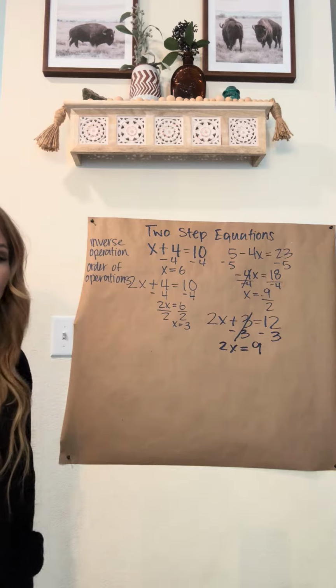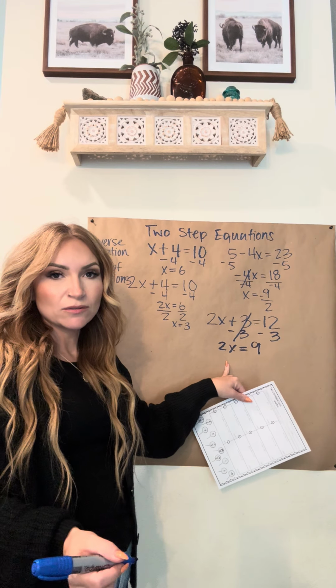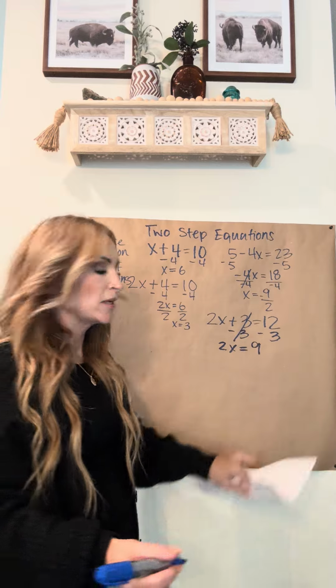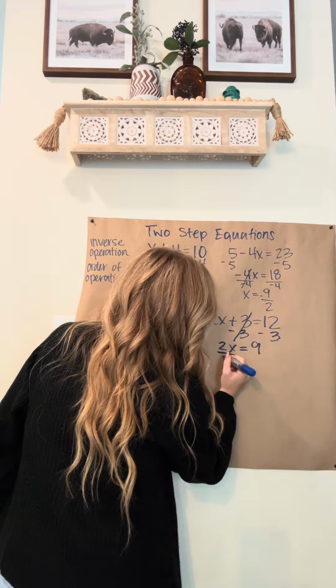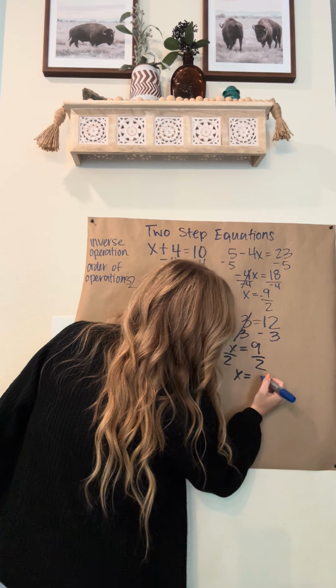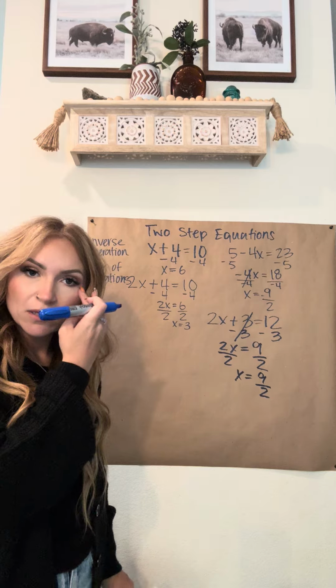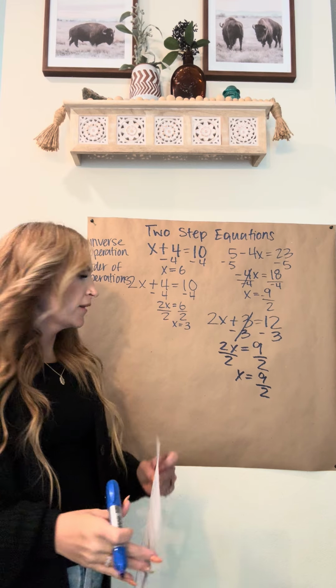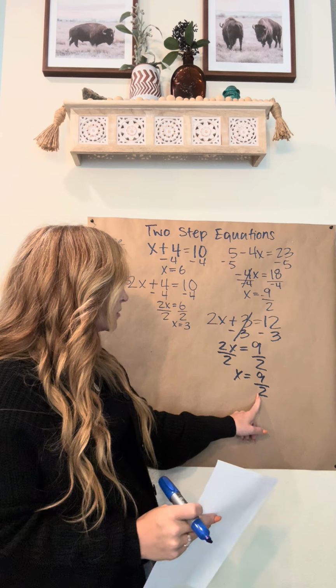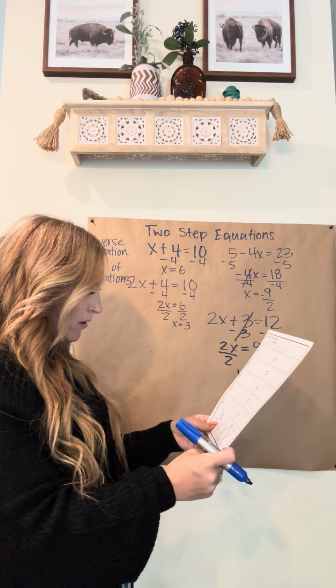Okay, now we have to get this x by itself. So what are we gonna do? We're gonna divide by 2 on both sides, right? Divide by 2. Now x equals 9 over 2. Can we get that any smaller? No, right? Nothing goes into both of those. So let's see if we have that as a lollipop. Yep, we sure do.